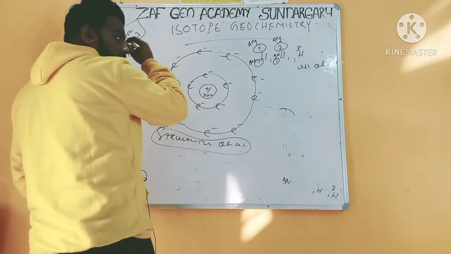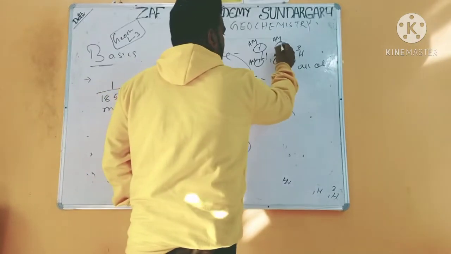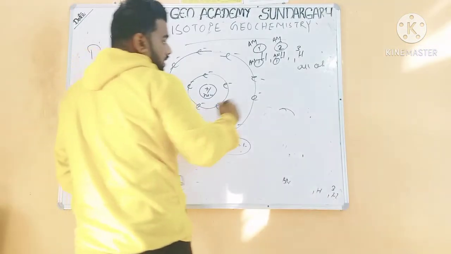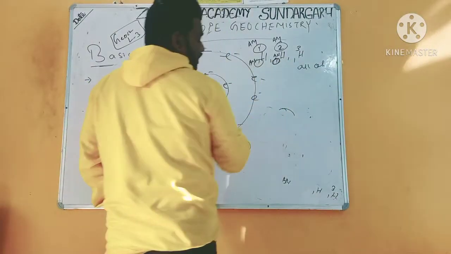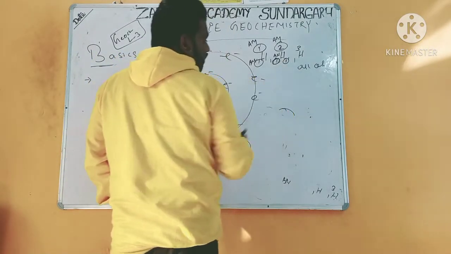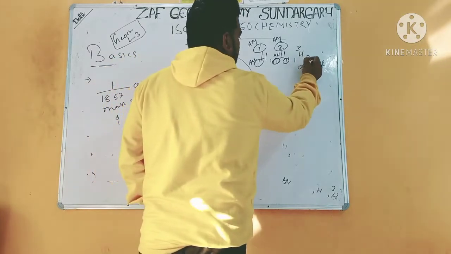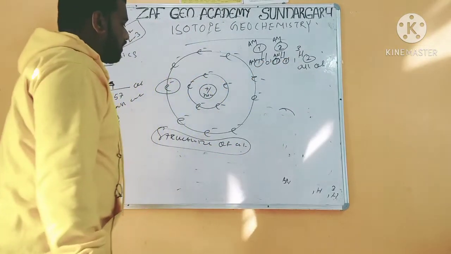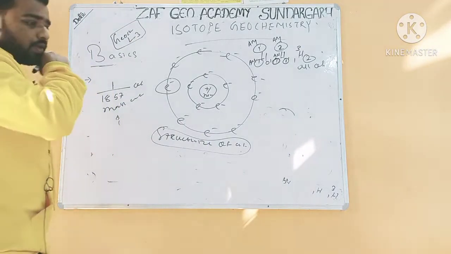So here atomic mass is 1, atomic mass is 2. Atomic mass means number of protons plus number of neutrons, and atomic number is 1, meaning number of protons is 1. So number of neutrons will be equal to 1, here number of neutrons will be equal to 2, and here number of neutrons will be equal to 0. So these are the basic things.